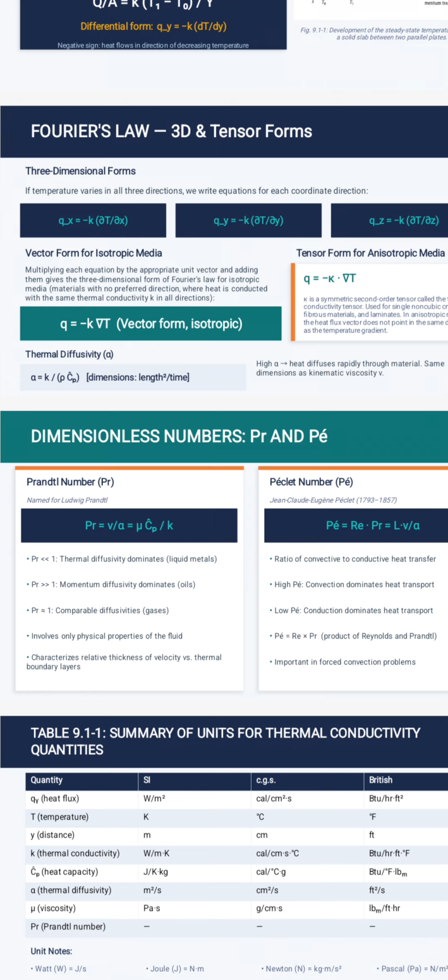If Prandtl number is much greater than 1, momentum diffusivity dominates as in oils, and Prandtl number almost 1 means comparable diffusivity as in gases. Now, it involves only physical properties of the fluids and characterizes the relative thickness of velocity versus thermal boundary layers.